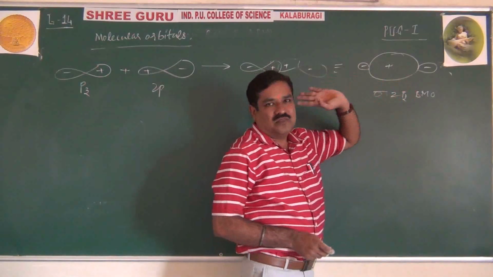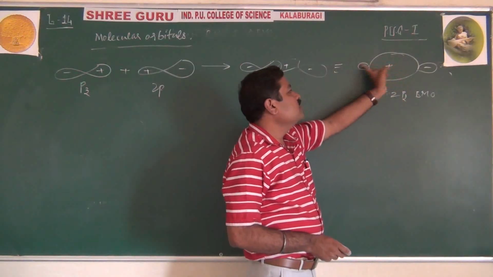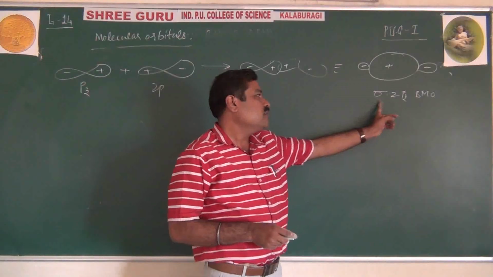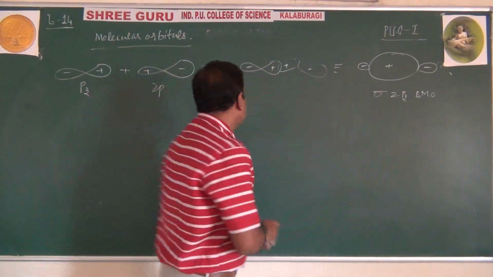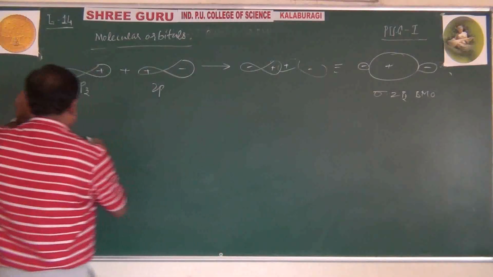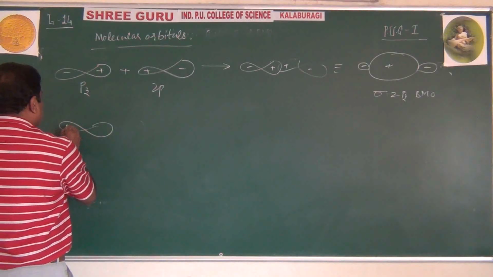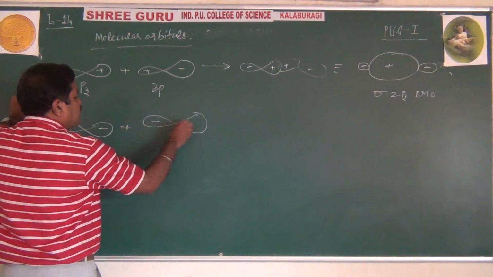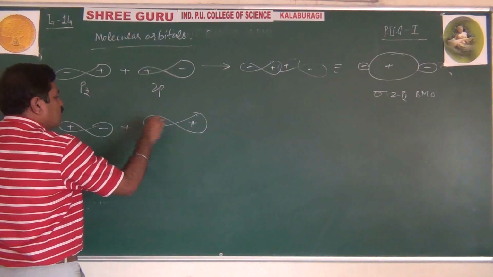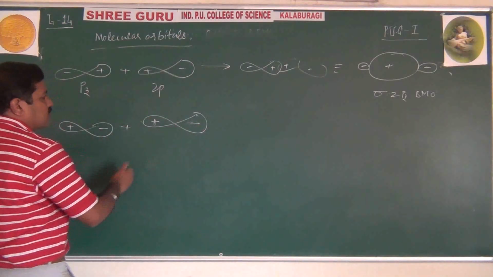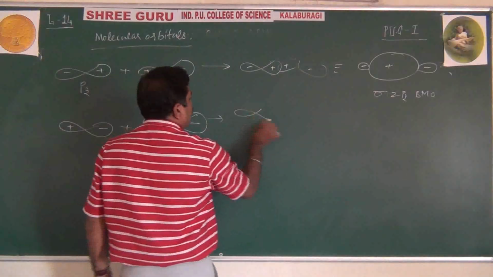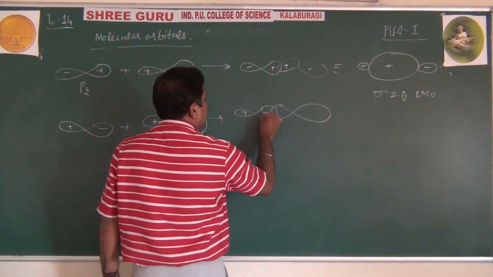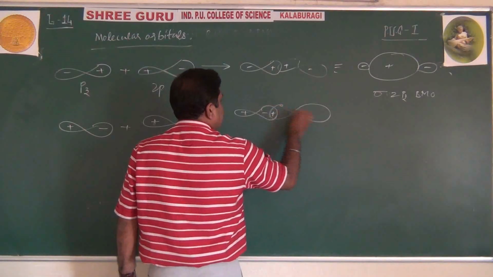Like this for antibonding, antibonding also same thing. Plus minus, but minus plus, with different signs. Okay, they overlap along the internuclear axis, and I told you plus minus plus minus.